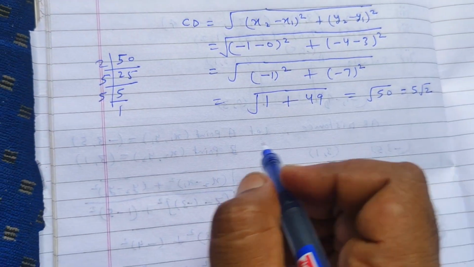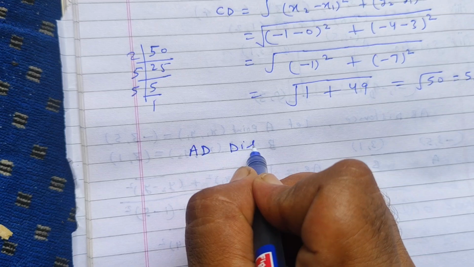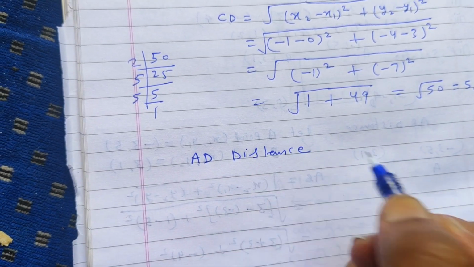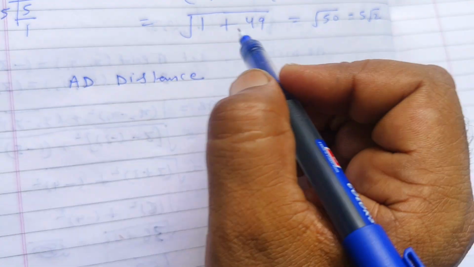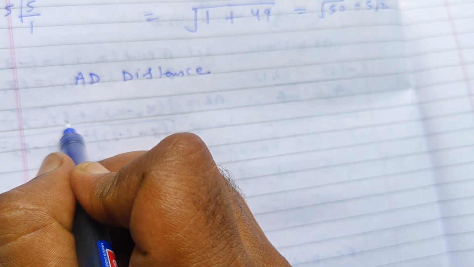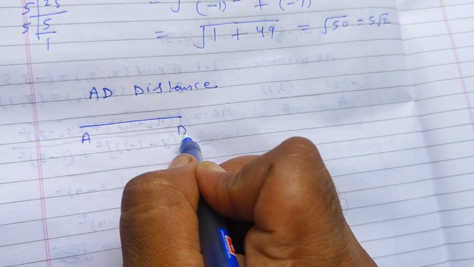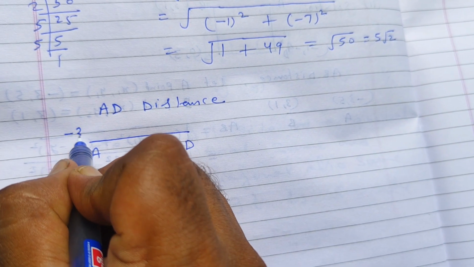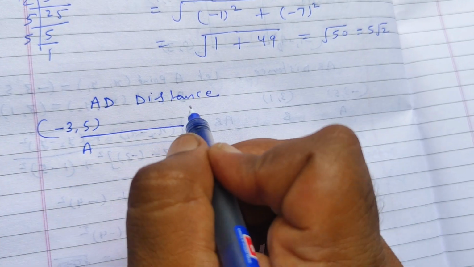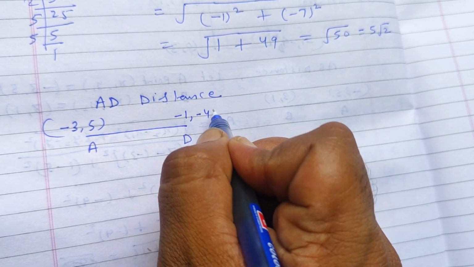Find the AD distance. A is (-3, 5) and D is (-1, -4).